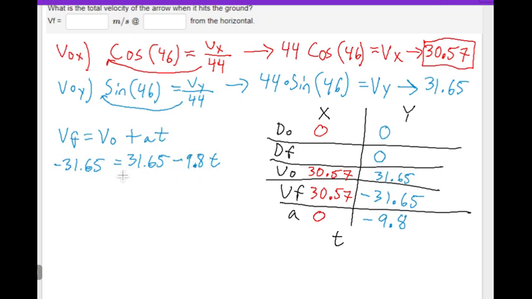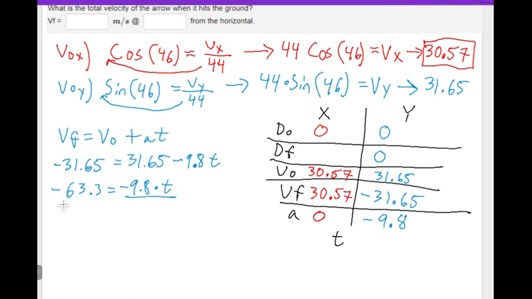Got to get that by itself, so we're going to subtract 31.65 over the other side and then divide by negative 9.8. So I'll go ahead and simplify this just a little bit so we can see exactly what I'm doing here. So negative 31.65 minus 31.65 is going to give me negative 63.3, and that equals negative 9.8 times t.